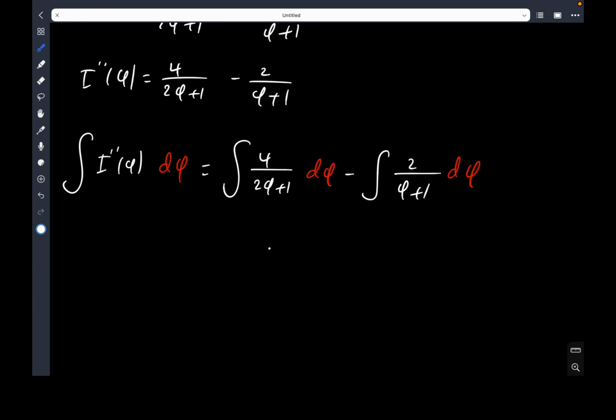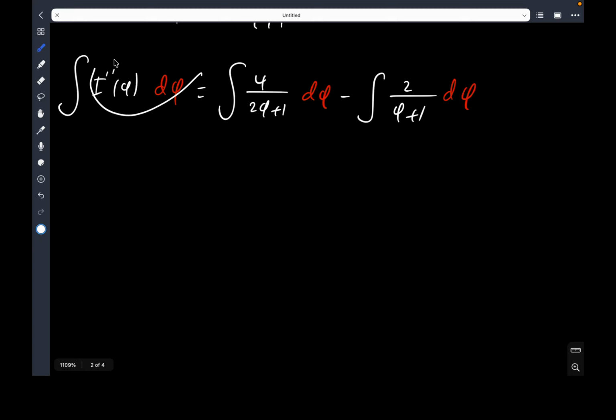So this term here is going to become I prime of phi, because we're reversing the differentiation according to the fundamental theorem of calculus, equal to this term here.